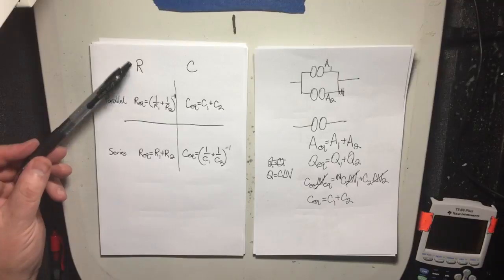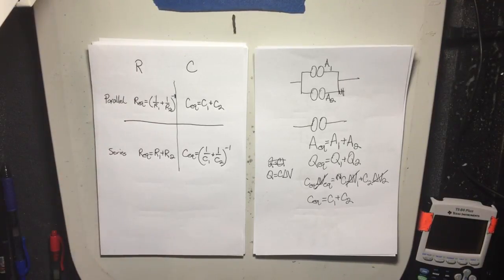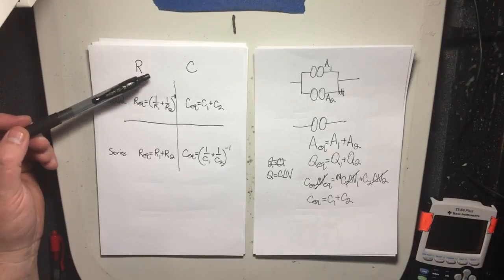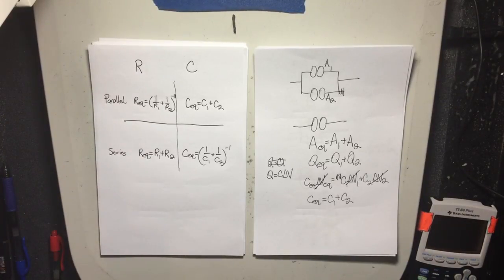So series resistors add the same way as parallel capacitors. Parallel resistors add up the same way as series capacitors. So that's how that stuff works.